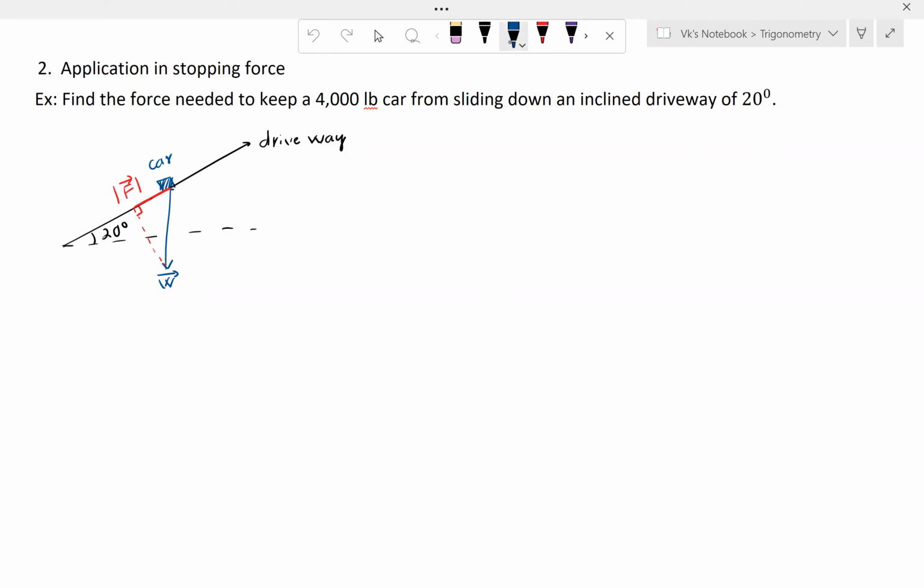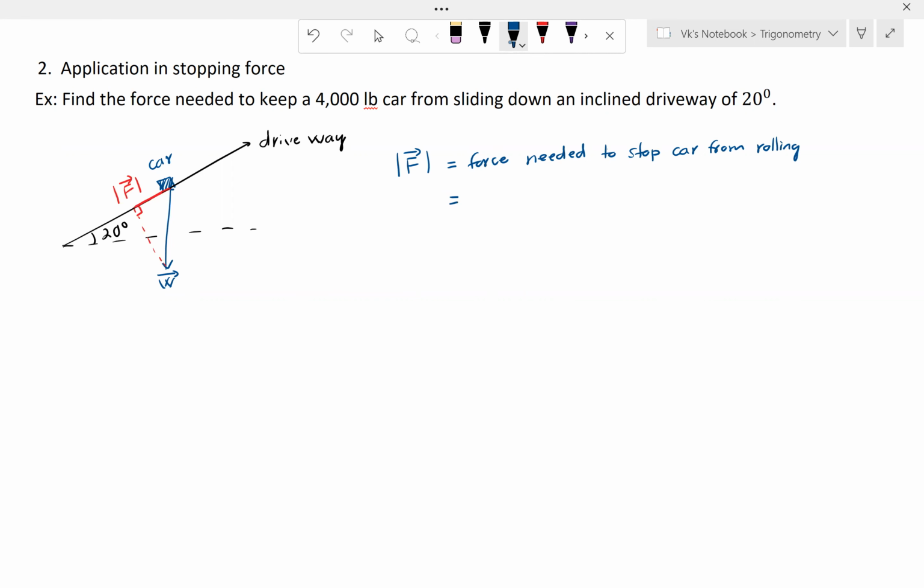As you can see from here, the magnitude of the vector F is the force needed to stop the car from rolling.